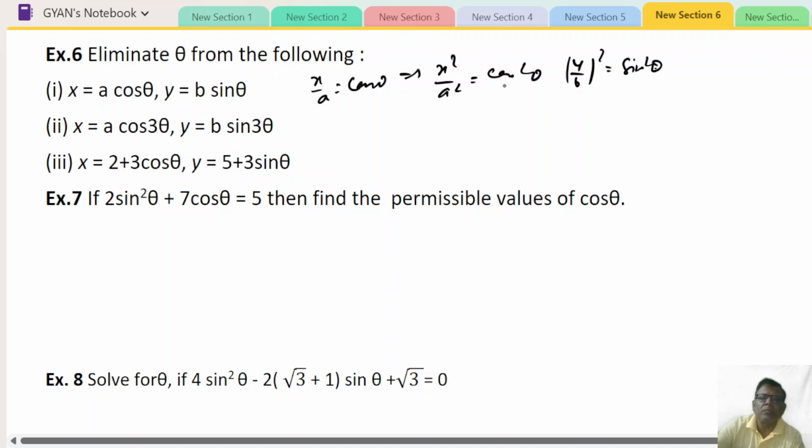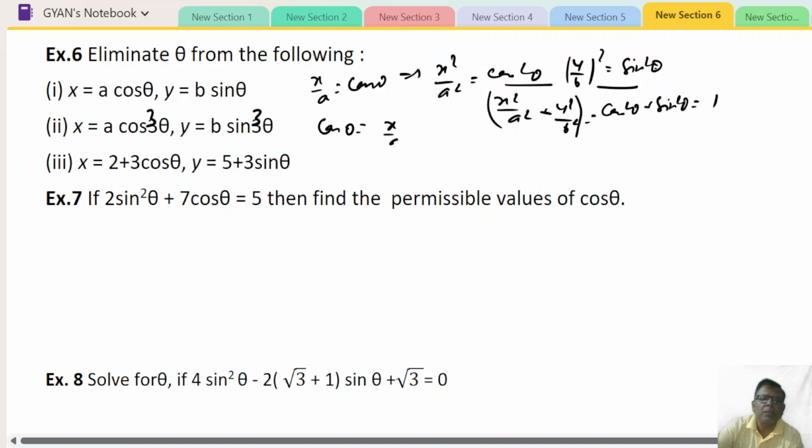So you add this one to this one, then x square by a square plus y square by b square is equal to cos square theta plus sin square theta is equal to 1. So here also this is cos cube theta, this is sin cube theta. So here also you can do cos theta will be (x by a) to the power 1 by 3.